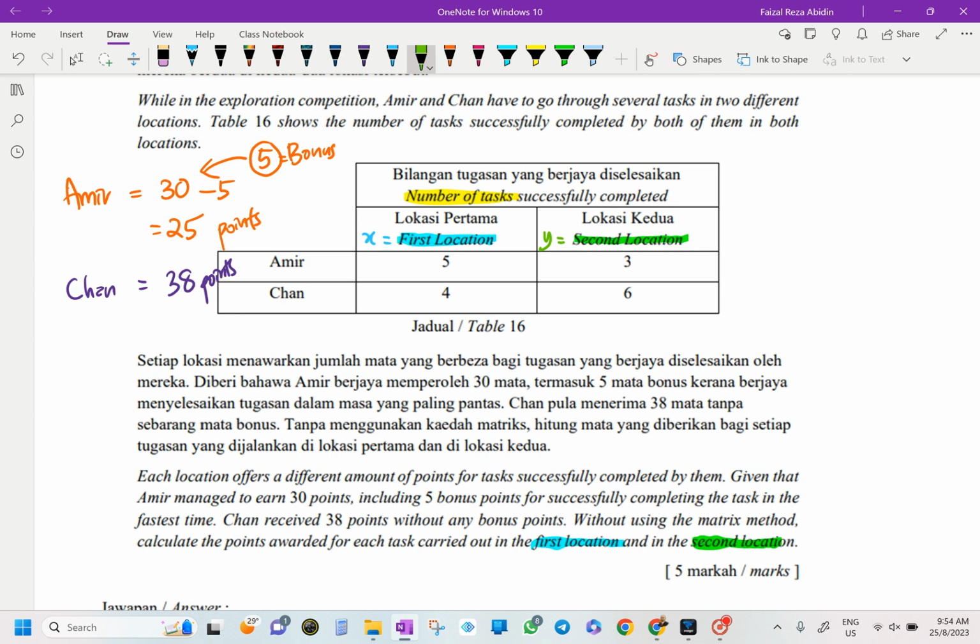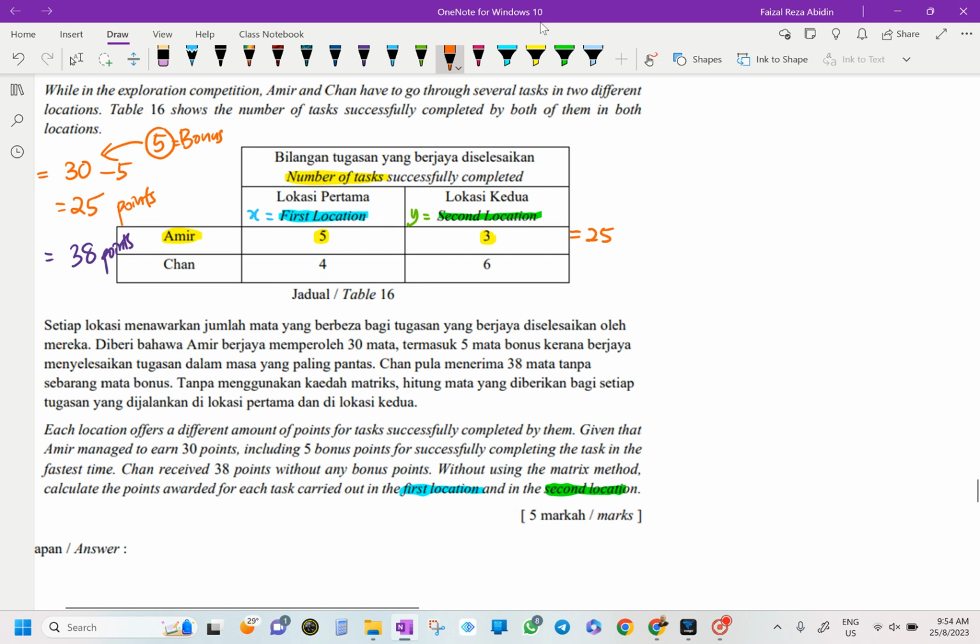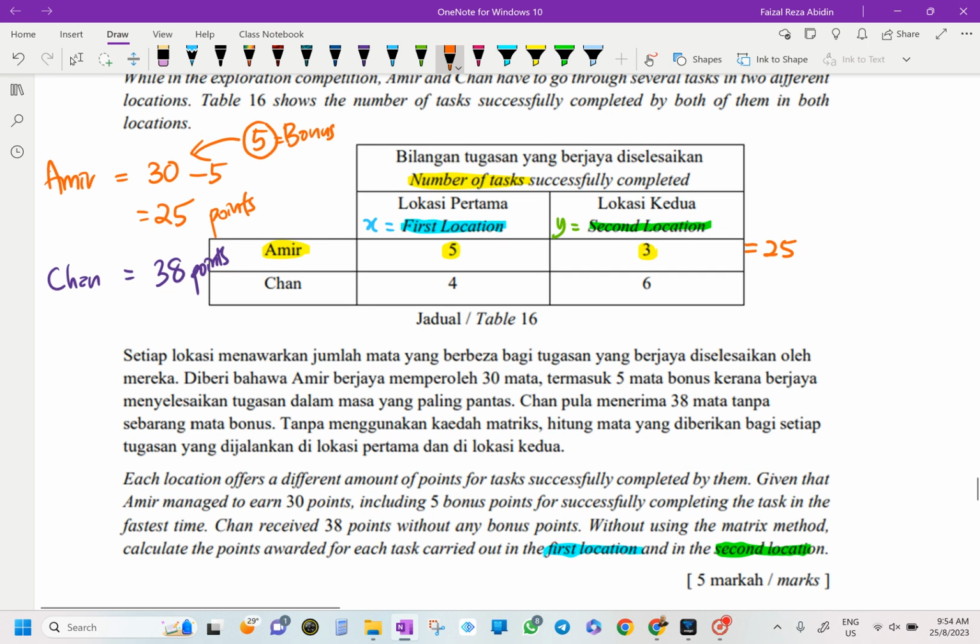The first equation for Amir is 5x plus 3y, we are going to get 25 points. So your Amir equation is going to be 5x plus 3y equals 25. That's for Amir. How about Chan?